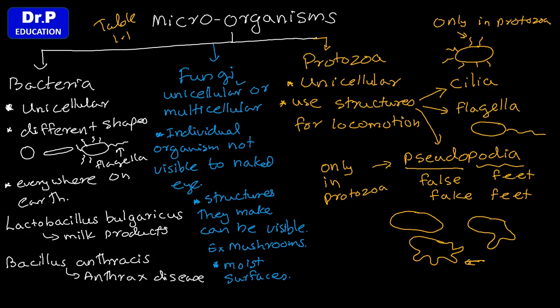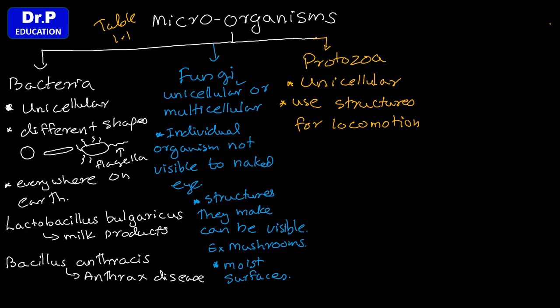Right, because I'm running out of space, I'm going to erase some of these things I have written over here. I forgot to mention some of the examples of this category.